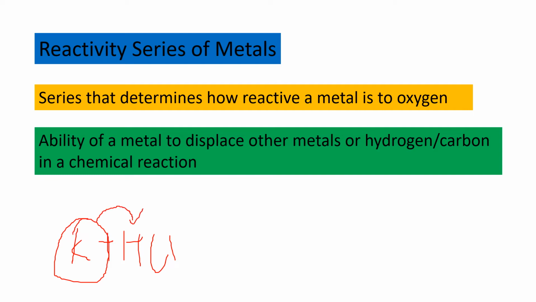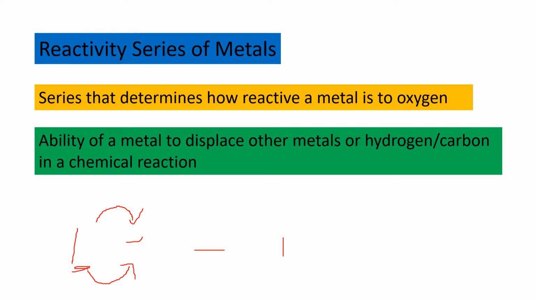If a reaction needs to occur, this potassium must take the place of the hydrogen and form potassium chloride. But each metal has different reactivity. Some are not strong enough to displace, so no reaction occurs.